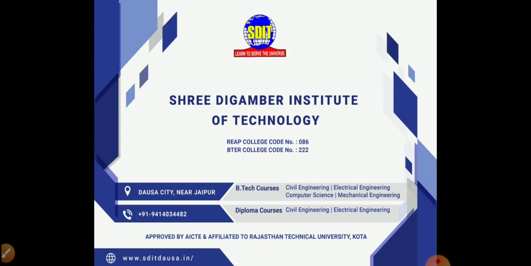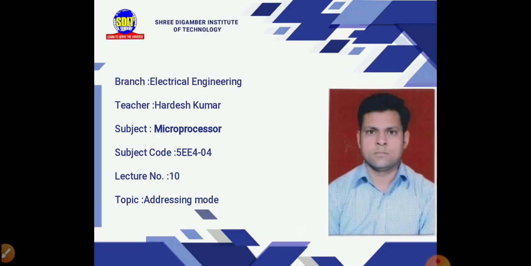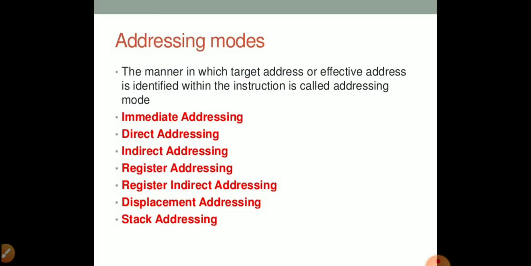Today we will discuss addressing mode, subject microprocessor, lecture number 10. Addressing mode: the manner in which target address or effective address is identified within the instruction is called addressing mode.